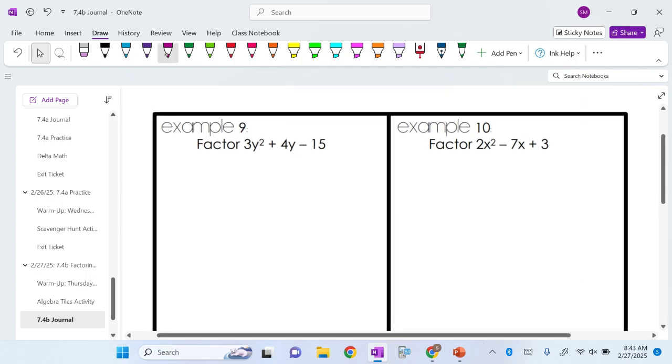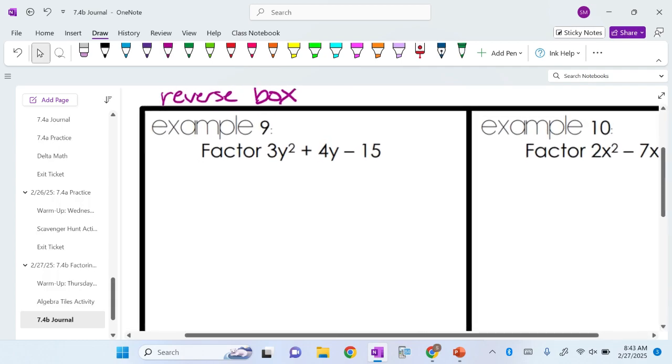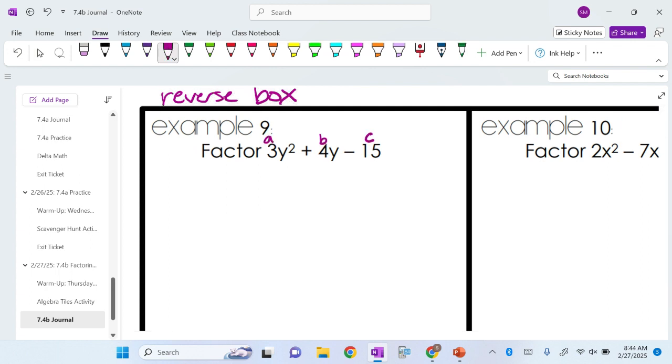So we'll do example 9 with reverse box. All right. As always, we start by labeling our polynomial A, B, C. Just go down the line: A, B, C. Then we're doing our big X off to the side.